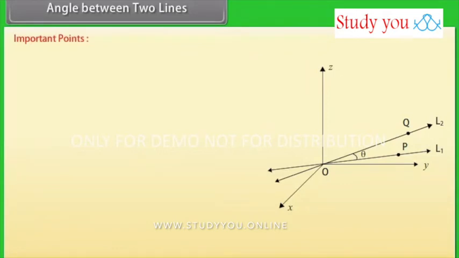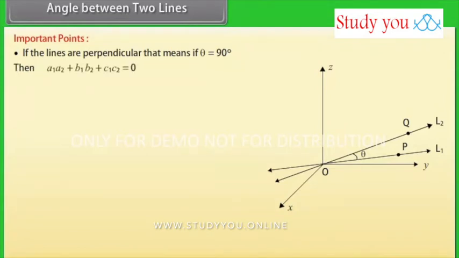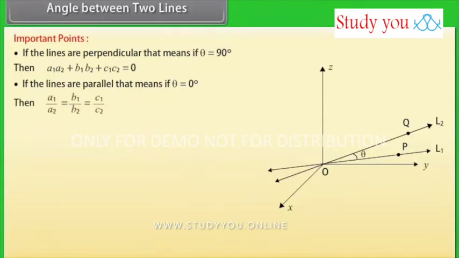Important points. If the lines are perpendicular, that means theta is equal to 90 degrees, then a1a2 plus b1b2 plus c1c2 equals 0. If the lines are parallel, that means theta is equal to 0 degrees, then a1/a2 equals b1/b2 equals c1/c2.